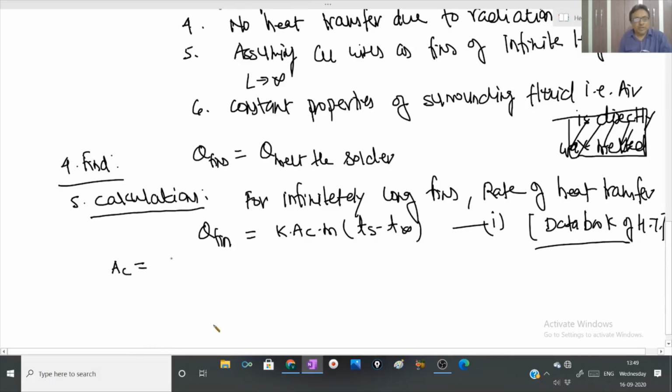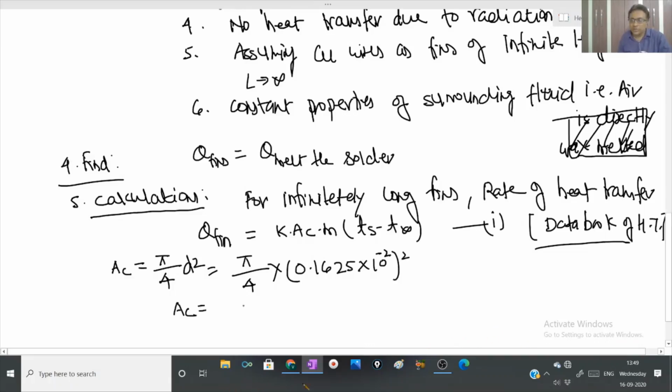Since the copper wire is of cylindrical shape, its cross-sectional area will be pi by 4 d square. So it will be pi by 4 into (0.1625 into 10 to power minus 2) whole square, and the cross-sectional area comes out 2.074 into 10 to power minus 6 meter square.